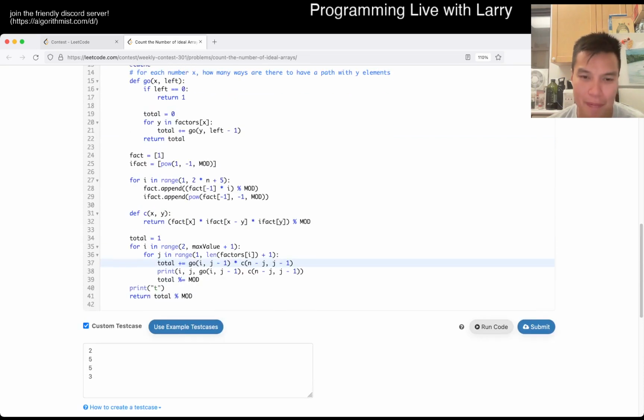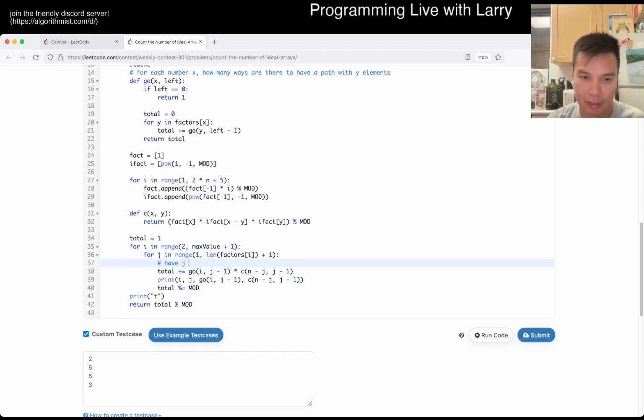Maybe not. Maybe I'll add 1 though, because basically there are n numbers and n plus 1 space slots. Is that true? My stars and bars are terrible today. Okay, if we force that j numbers, okay, so we're forced to have j distinct elements, then what happens, right?